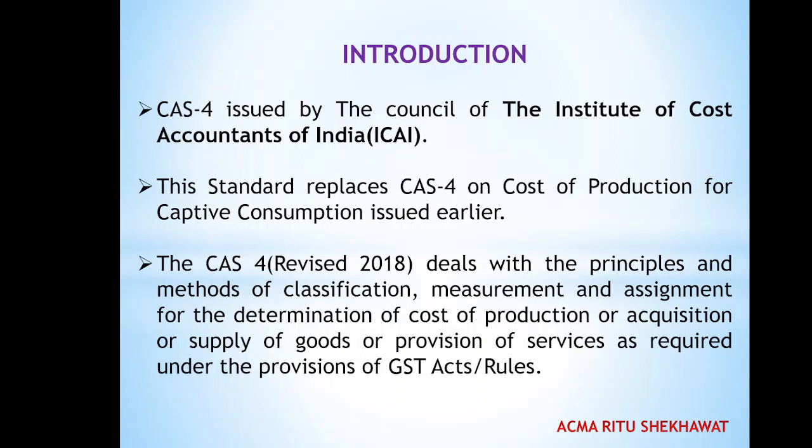For example, there is an X Limited company manufacturing pens. In that company there are two divisions, A and B. Division A is preparing the pen and division B is preparing only the cap of the pen. Without division B, the pen cannot be formed.